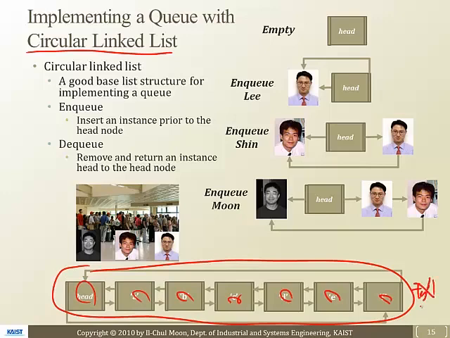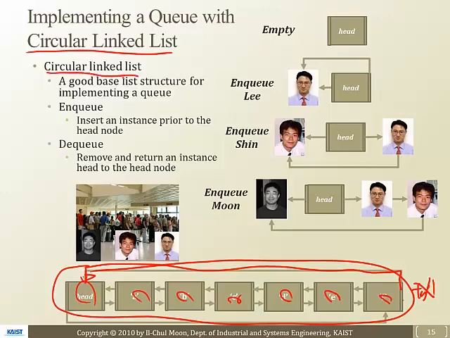We omitted the tail, and the next of the last node refers to the head, and that was the difference. And how can we utilize this circular linked list for a queue implementation?